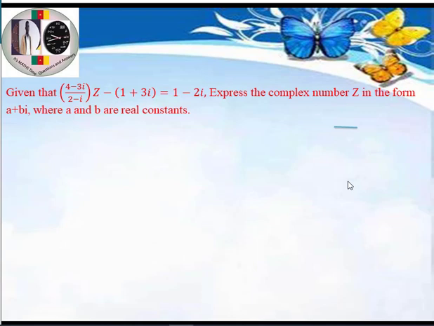So to begin, the equation given to us is (4 - 3i)/(2 - i) times z - (1 + 3i) = 1 - 2i. The first thing we'll do is get rid of the fraction in the part containing z. So we'll multiply each term by 2 - i so that we eliminate the fraction.